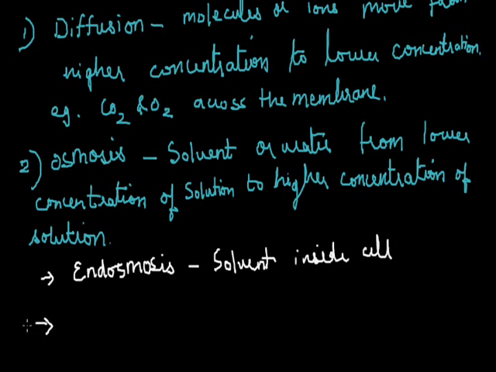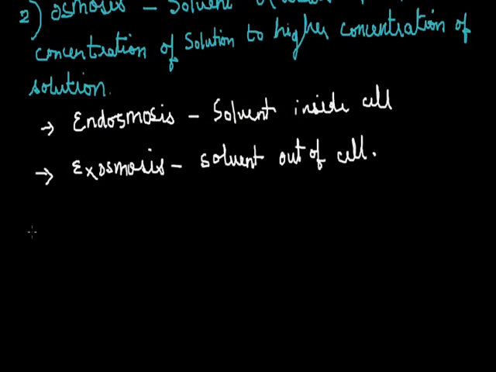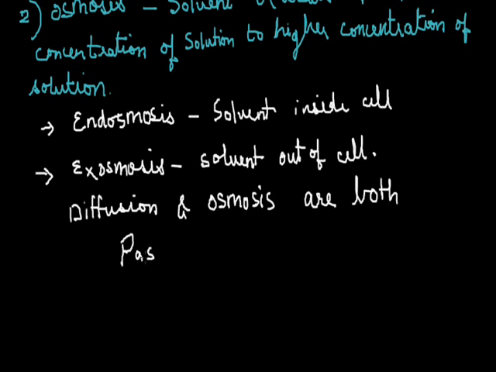And the movement of solvent outside the cell is called exosmosis. Both diffusion and osmosis do not require energy, so both of them are called as passive transports. Passive transport is a transport which does not require energy.